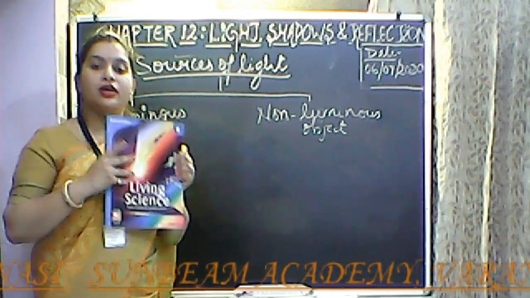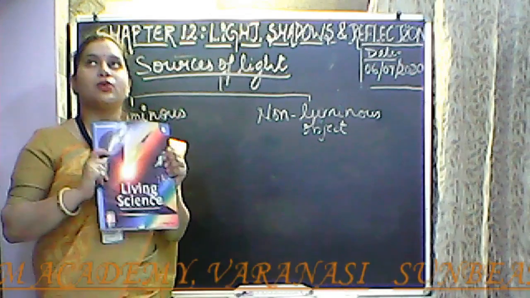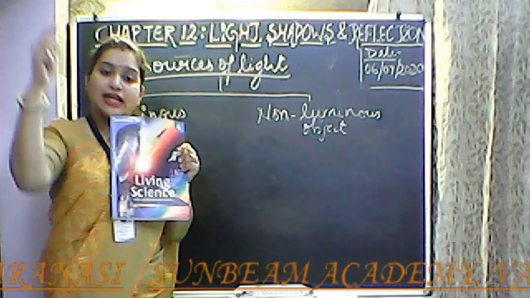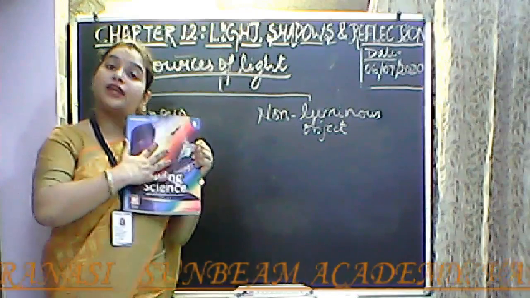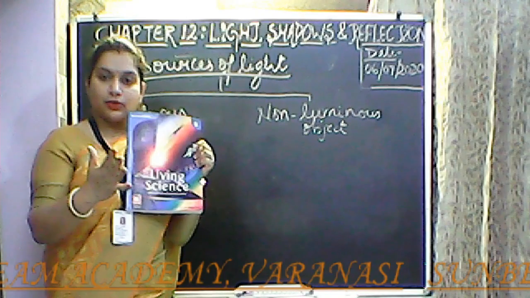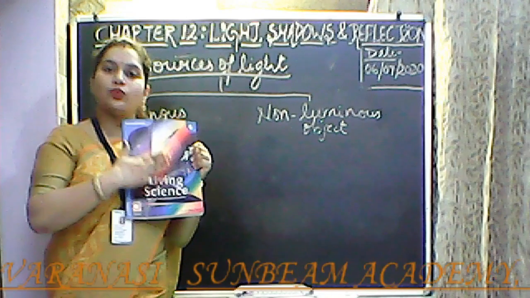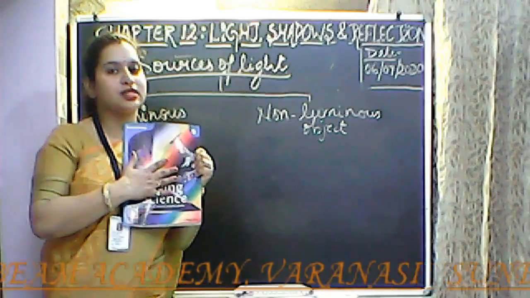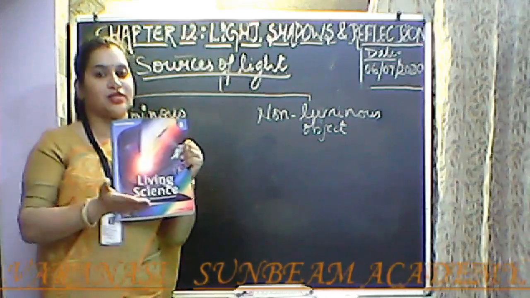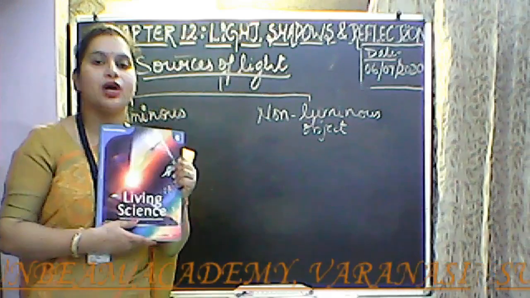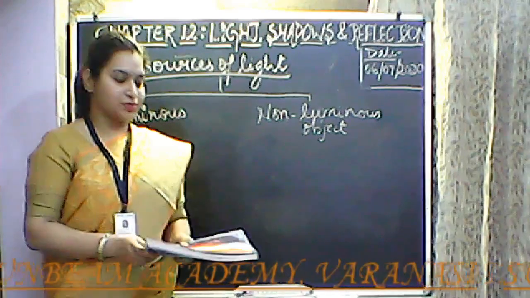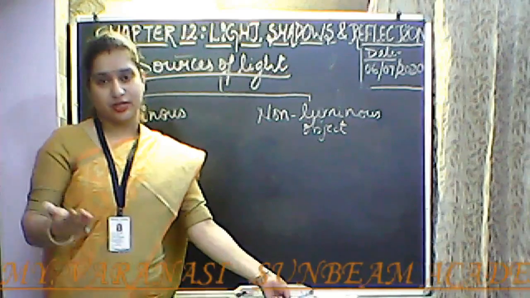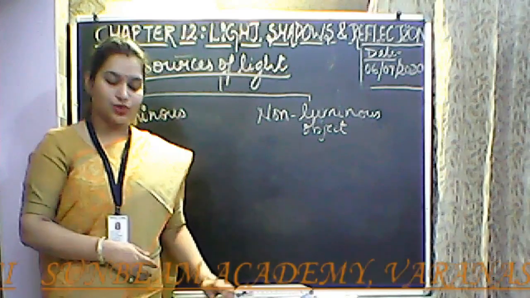We are able to see it because of the light. Light is coming on this book and it is reflecting back. We will study later what is reflection and how we are able to see this object. We will study all this in the next chapter, tomorrow in the class.